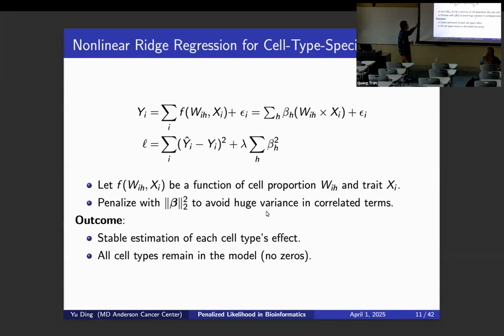The first term of the loss function is clearly the square loss, the estimate y hat minus the true observed value y, squared. And the second term is the ridge regression penalty, the sum of squares of each element within the vector beta, penalized with the L2 norm of beta, to avoid a huge variance in correlated terms.